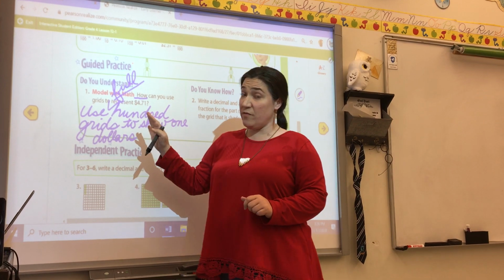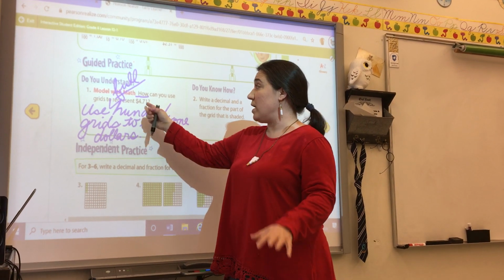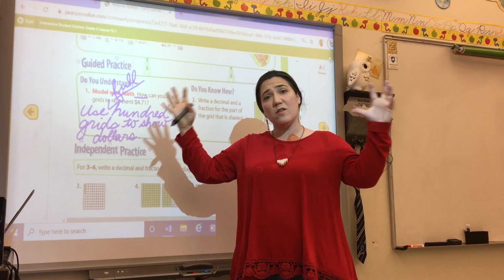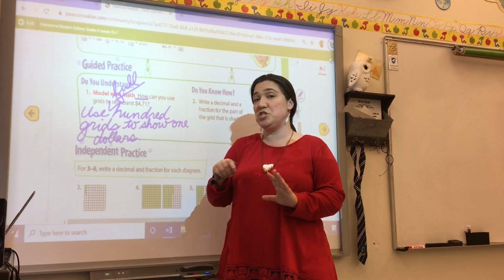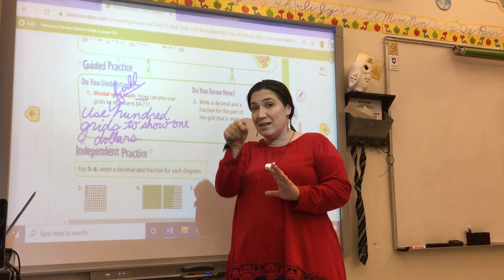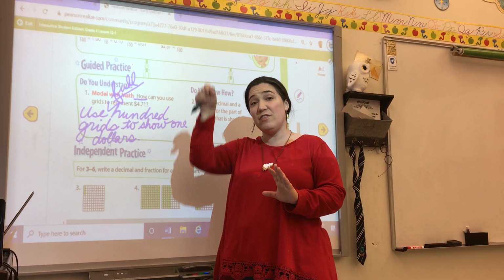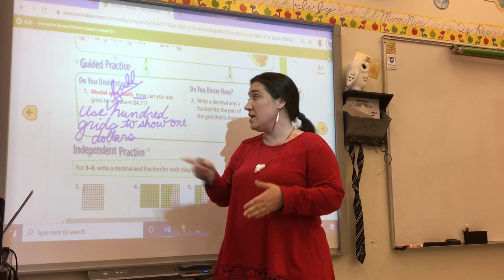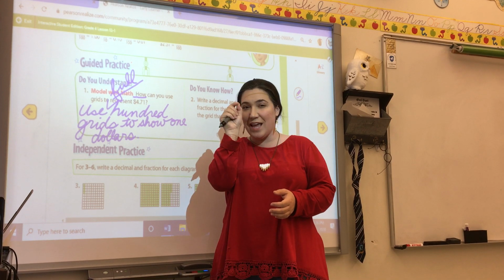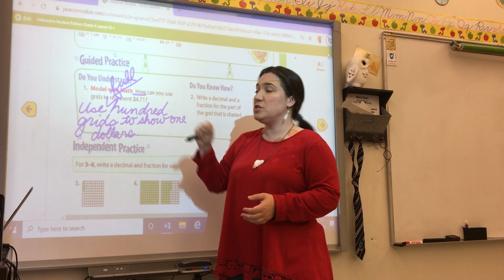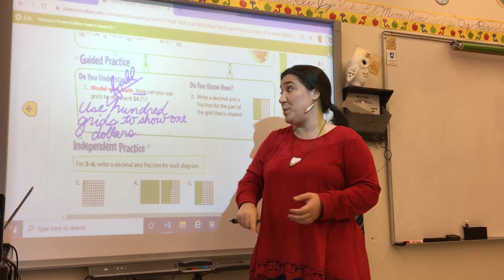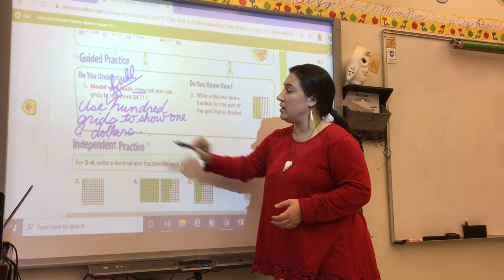So I don't have enough room here. You're going to have to add on for me. But I can use 4 of those filled in grids to show my $4. I could shade in 7 tenth strips or 10 rods to make my 70 cents. And I could shade in 1 tiny 100th unit to show my 1 cent or my 1 penny. So you'll have to add on there.